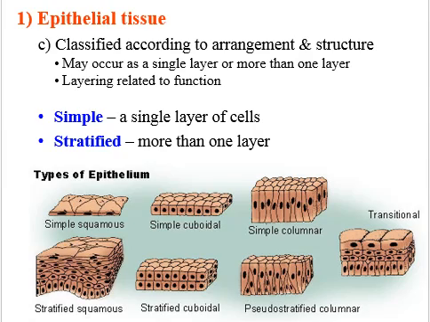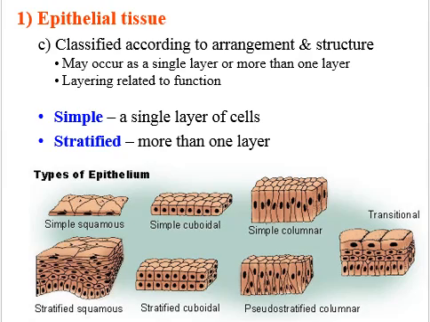But quite often you find these layers are stratified, which means there are layers of them. Sometimes you find a bunch of squamous cells laying on top of each other. Sometimes you find cuboidal cells, sometimes columnar cells, laying on top of each other.